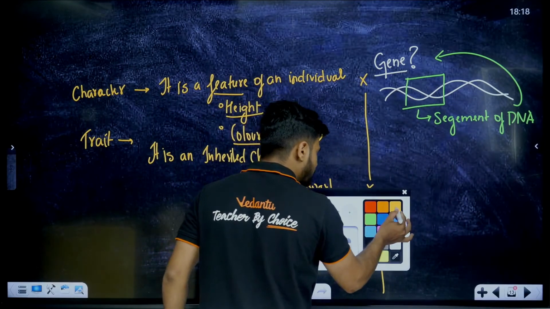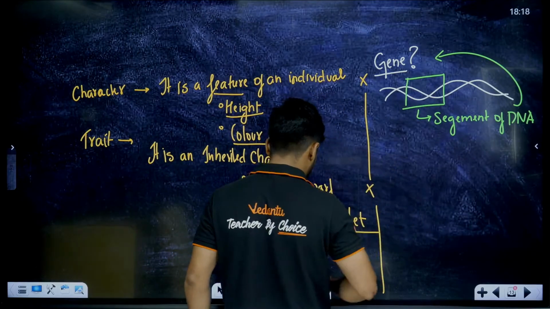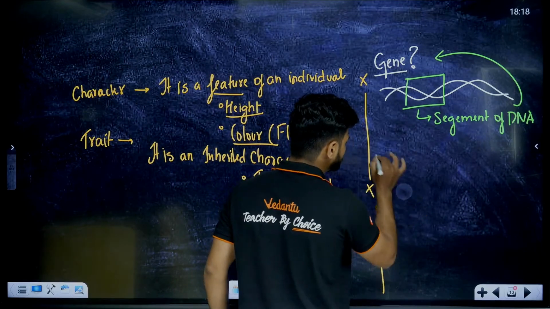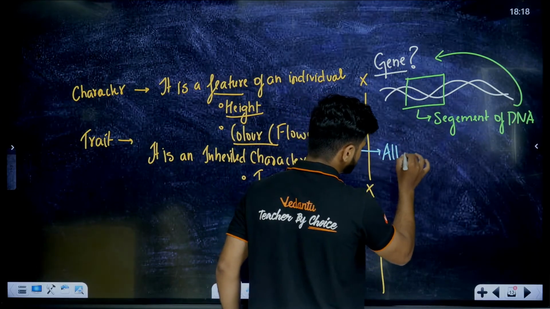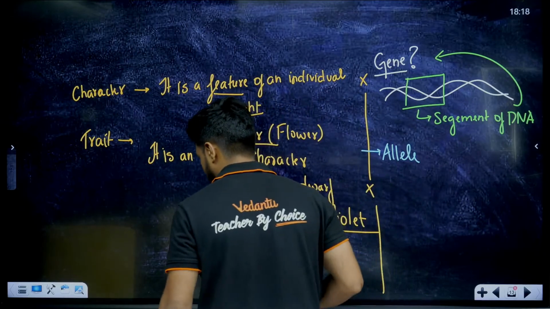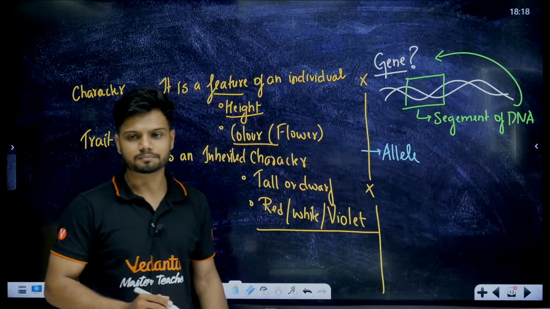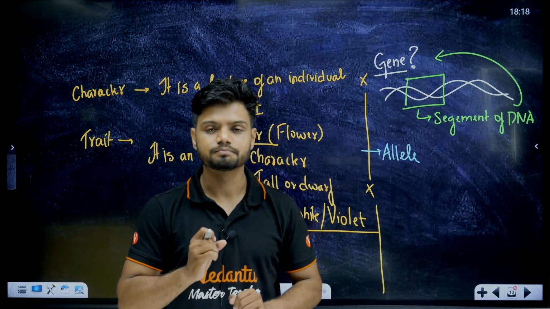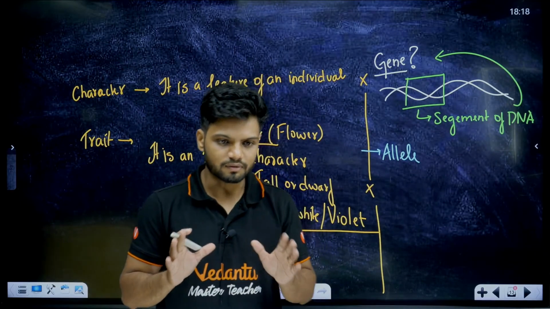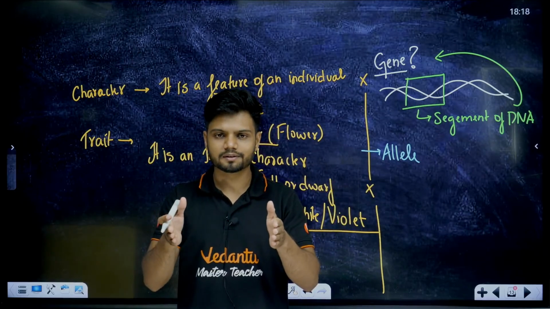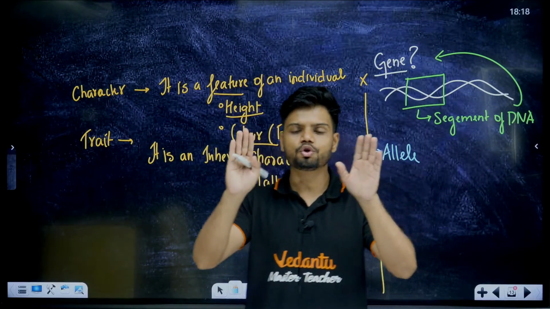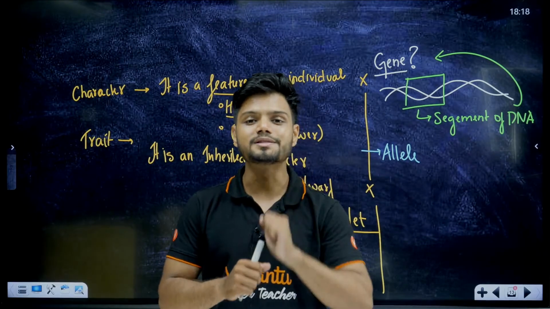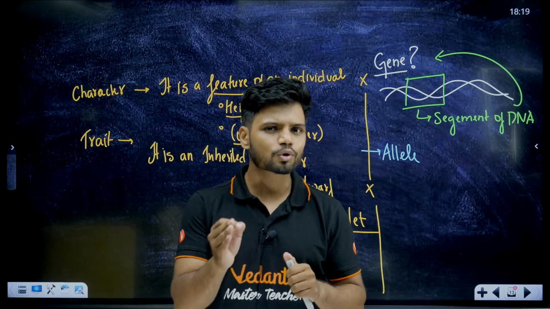Now, when we speak about gene, how can we not mention allele? So, what is an allele? Allele is nothing but an alternative form of a gene. Let me give an example. We have one human here and one human here. The two humans are twins. Now, do the twins look like each other?